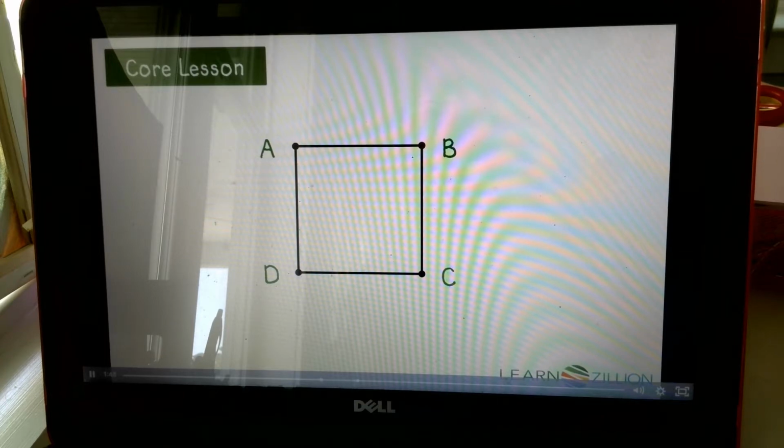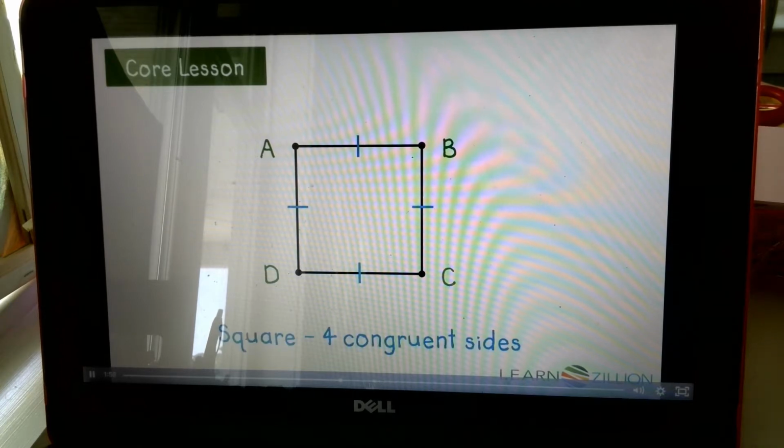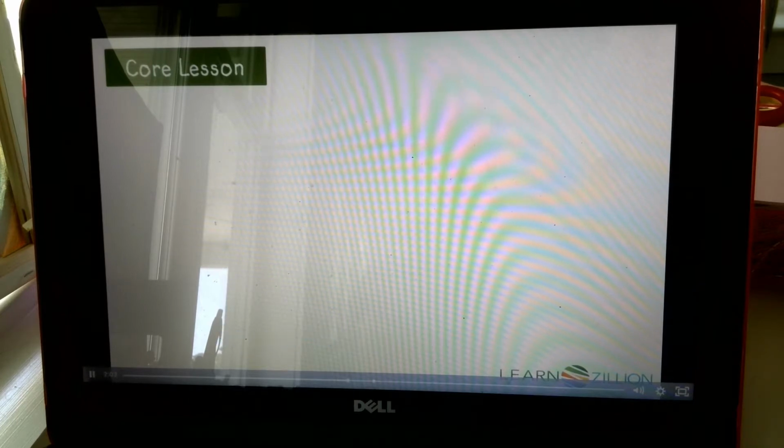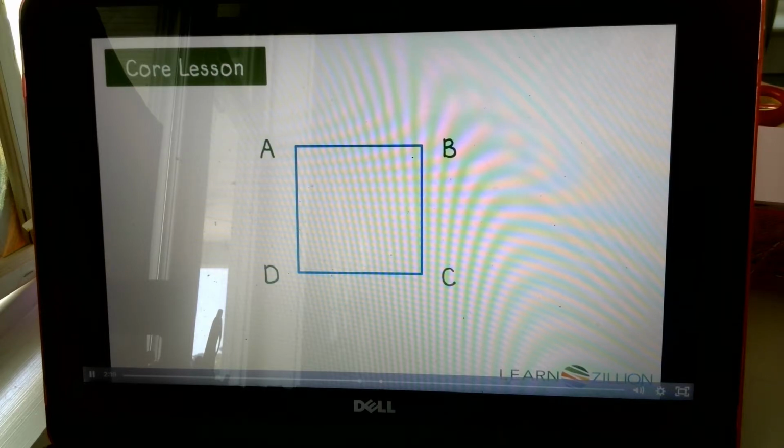All the sides are congruent, meaning equal. So we're going to use these tick marks to represent congruent sides. So far our square has four congruent sides. Now since the sides are congruent, we can check to see if we have parallel lines. We remember that parallel lines are lines that are the same distance apart and never cross or intersect.